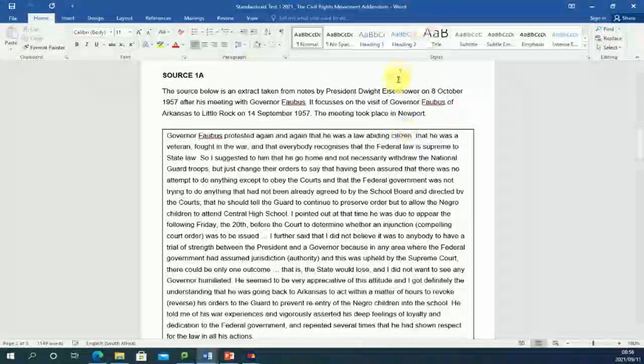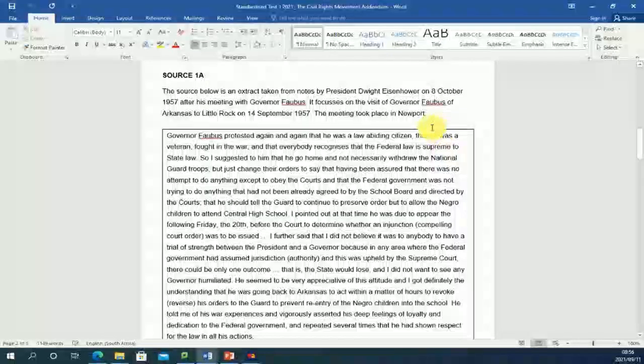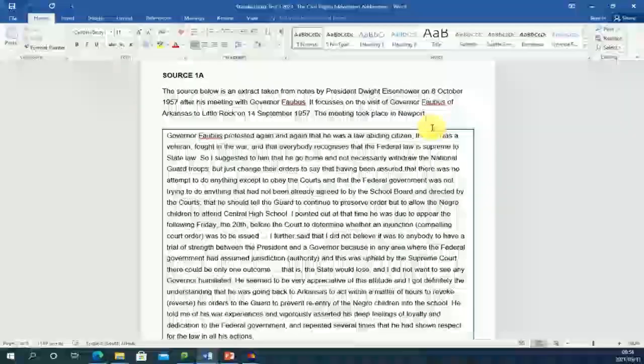Okay, so like I mentioned in previous lessons, the way it works is that you're going to get three different sources and one visual source for your examinations, okay? And for this particular section, like I said, they are either going to focus on a specific case study, so maybe looking at the Freedom Rides on its own, or the Montgomery bus boycotts on its own, or the Selma to Montgomery march on its own.